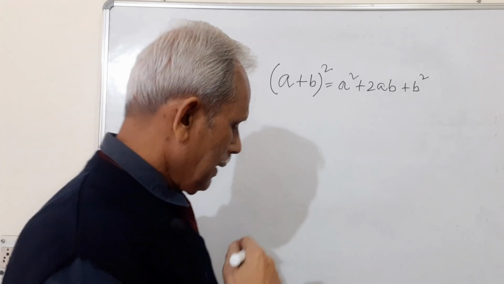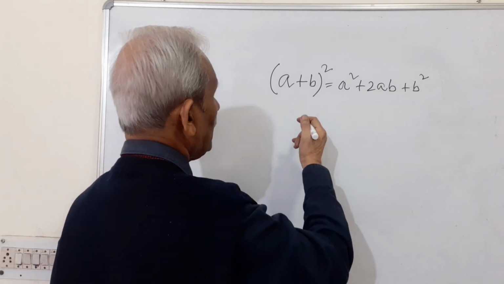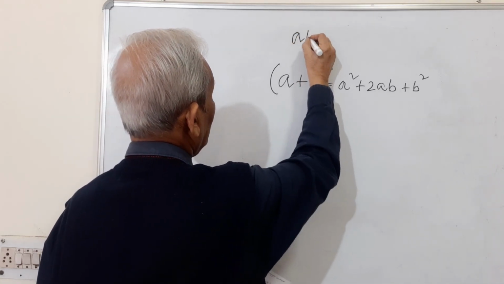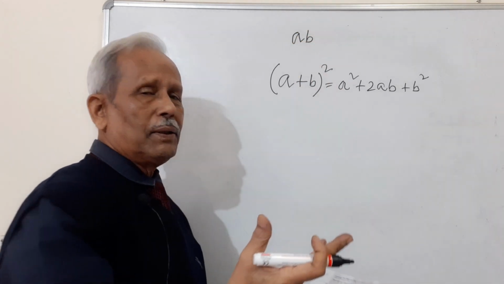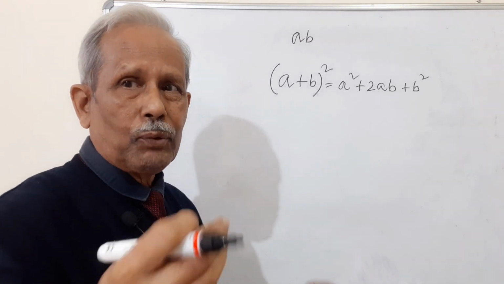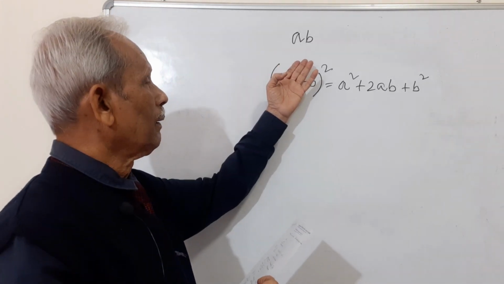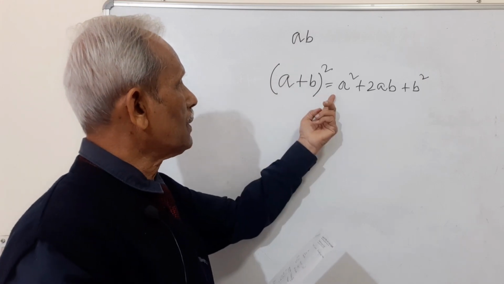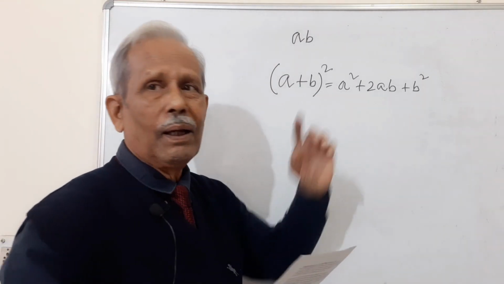So if any number is given, say ab, as we write 20, 23, 25, 26, it can be written in the form a plus b whole square, where the answer will become a square plus 2ab plus b square.